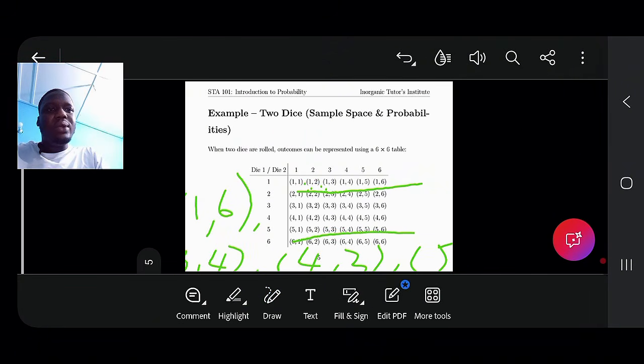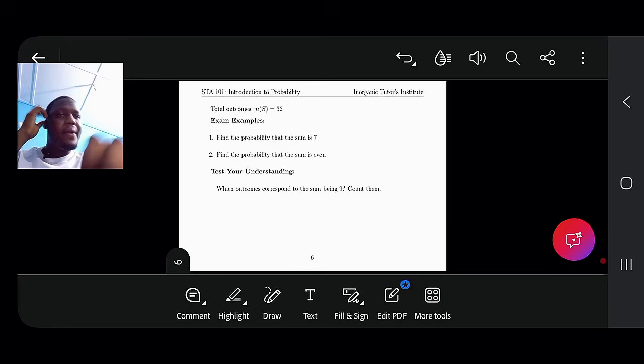So we determine this probability by knowing the number of outcomes in the sum of 7.